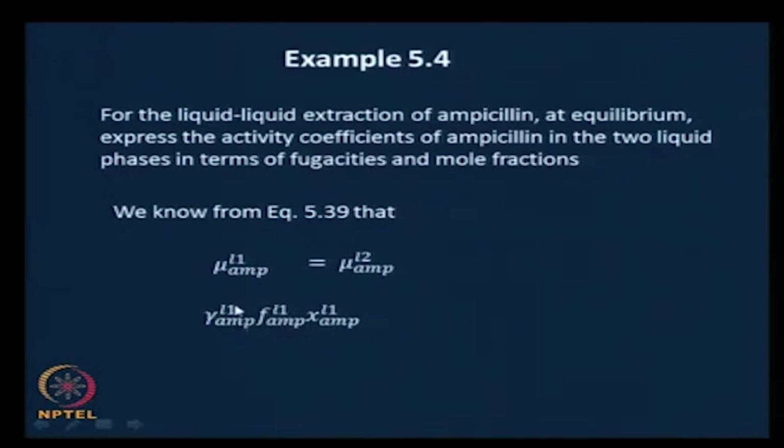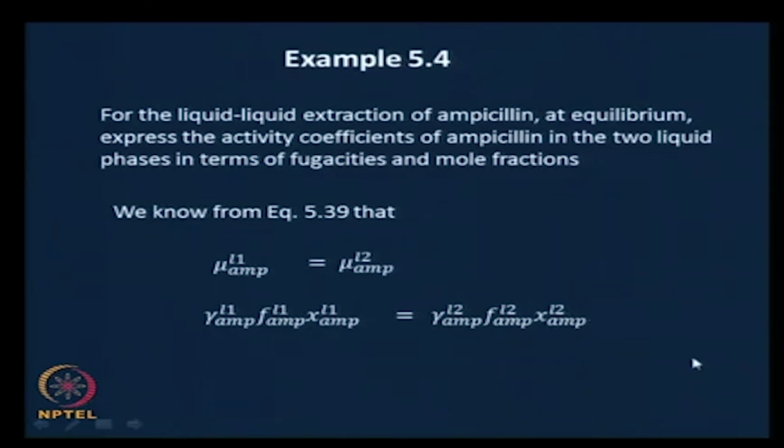Gamma of ampicillin in the L1 phase times fugacity of pure component ampicillin and the mole fraction of ampicillin in the L1 phase must equal gamma of ampicillin in the L2 phase, fugacity of ampicillin in the L2 phase, and the mole fraction of ampicillin in the L2 phase.